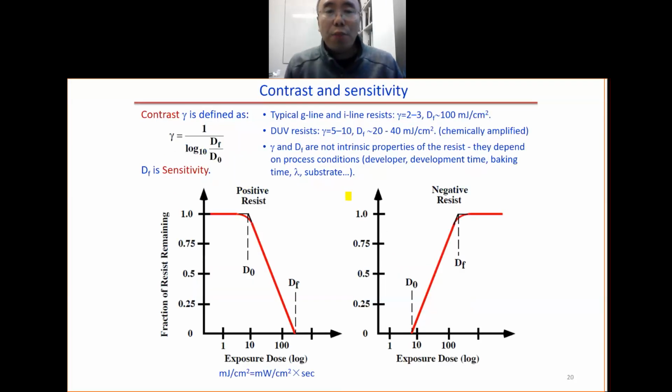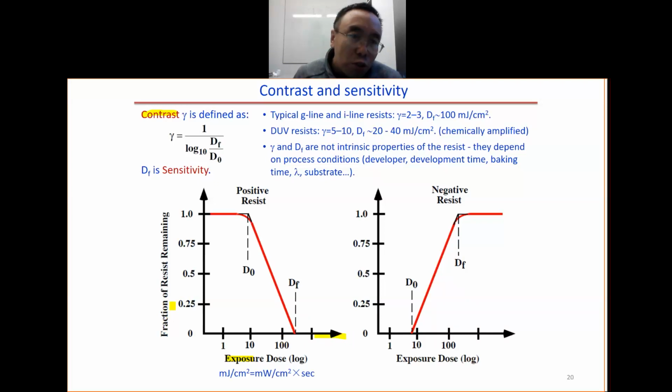So now let's look at the property of the resist. What parameter determines the property of the resist? First is the contrast. The contrast is the property of the resist to distinguish between the exposed area and non-exposed area. So for the positive resist, when we do the exposure, then we do the development, in the well-exposed area nothing will remain.